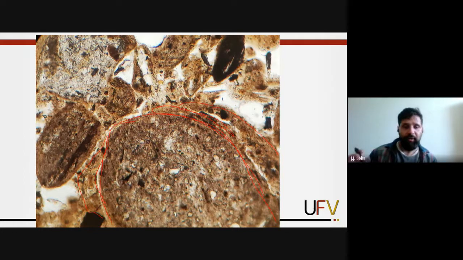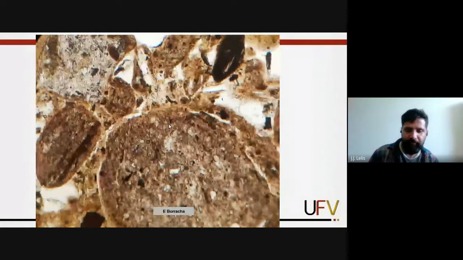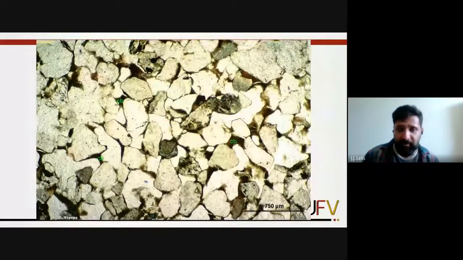So it helps us to understand that clay is migrating or migrated in the past through the soil profile from the surface to the subsurface horizon. It's very useful to see too.